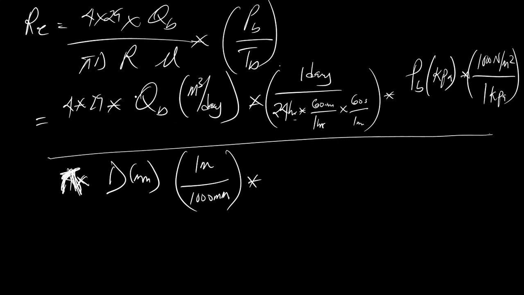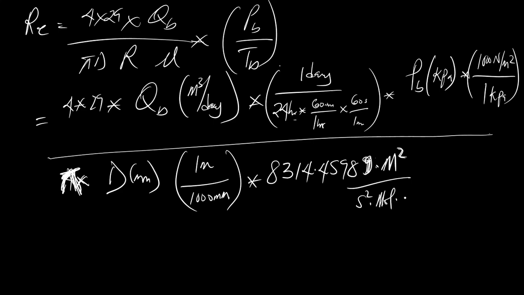We also know that the Reynolds number is equal to 8314.598 grams times meter square per second square per mole per Kelvin.